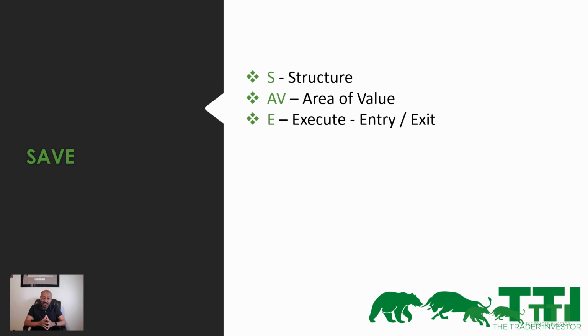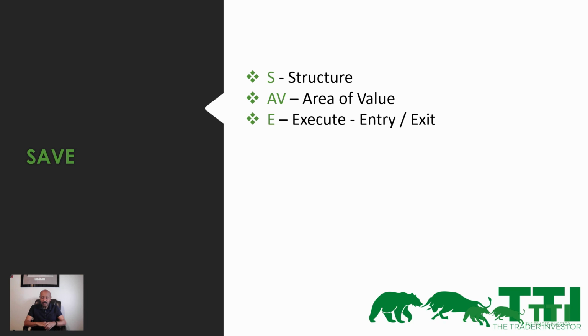Where I start, as I mentioned a minute ago, is with SAVE. Where is the structure? How is this market doing? Are we at an area of value? At an area of value is where I want to execute. So I look at SAVE very, very regularly on all of my technical analysis.